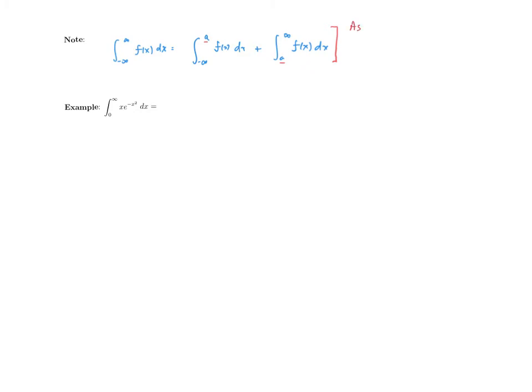So this is true as long as both, and it has to be both of them, of these improper integrals converge. So note, if one of them was to diverge or approach plus or minus infinity, then this original improper integral would diverge as well.